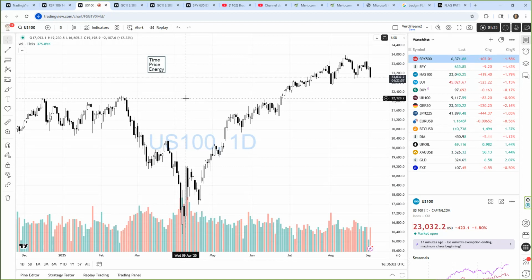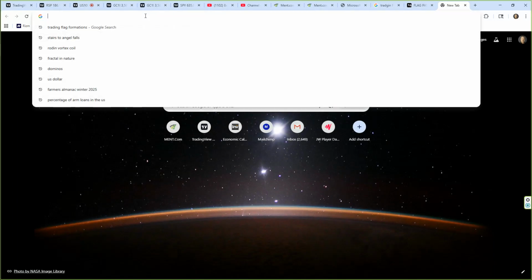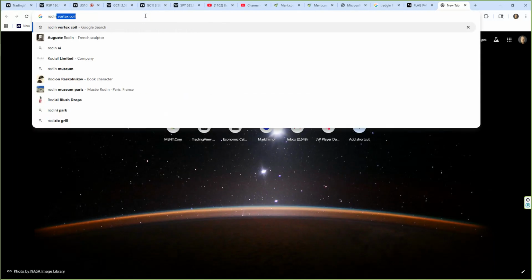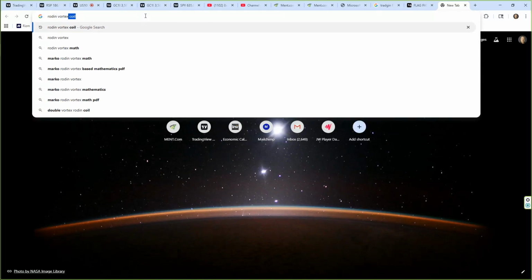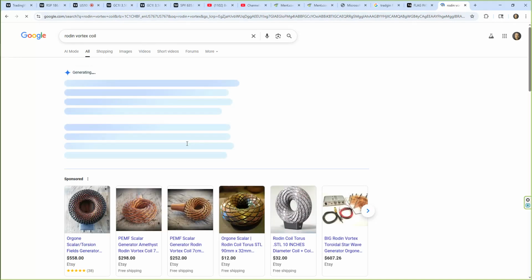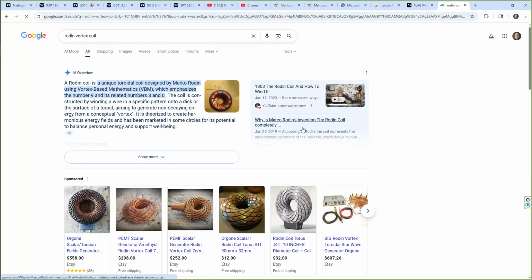And if you really wanted to have a little fun, you could turn around and take a look at a Rodin vortex coil. Okay, a Rodin vortex coil.